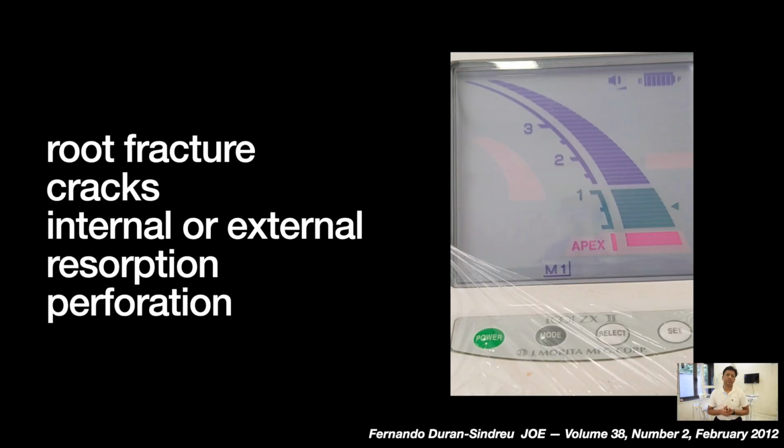Coming on to root fracture, cracks, internal resorption or perforation. Now these kinds of situations have some kind of internal connection with the periodontium. So suppose I have a case where one of these situations is present, then before even reaching the apex, the apex locator is going to show a beyond apex reading. So let's take an example.